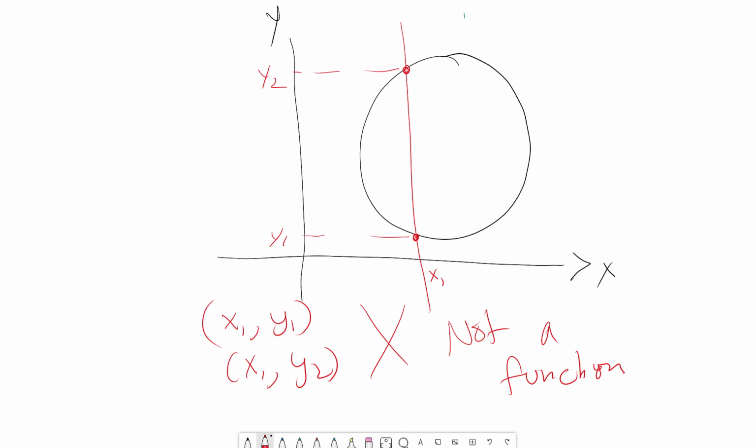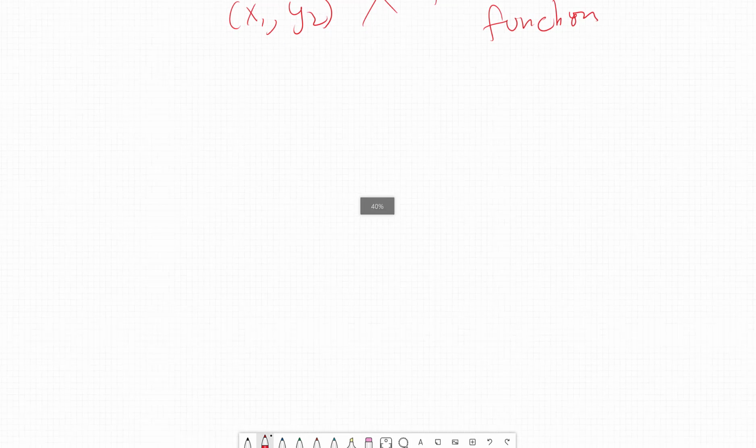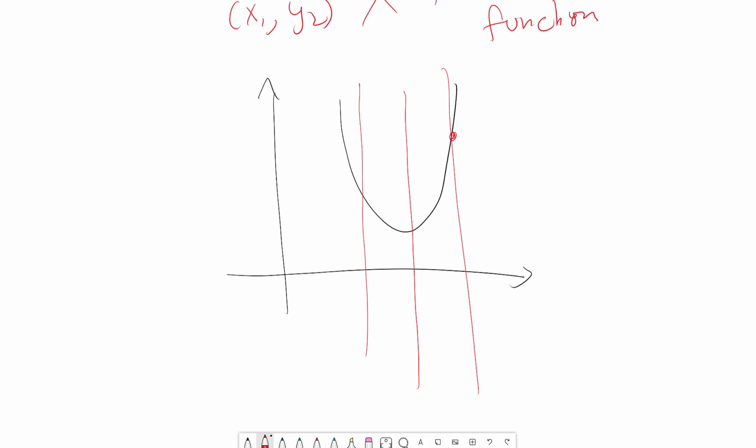Let's look at one more example, an example where we actually do have a function, just to remind ourselves of how we would do that. Let's look again at the xy axis. If we draw something called a parabola like this, we can see that for every vertical line that we pass through this curve, we only have one y for each x. So for x1, we have y1.